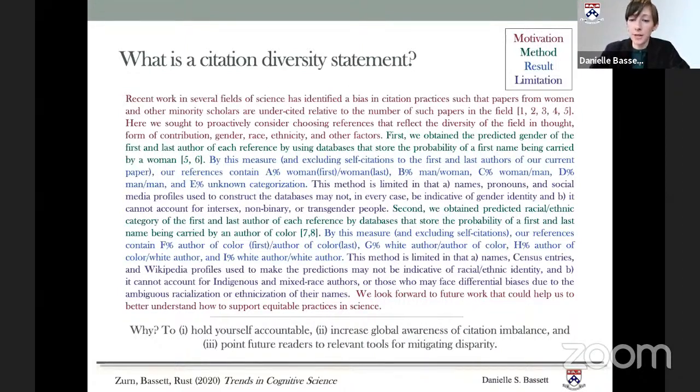Second, we obtain predicted racial and ethnic category of the first and last author of each reference by databases that store the probability of a first and last name being carried by an author of color.